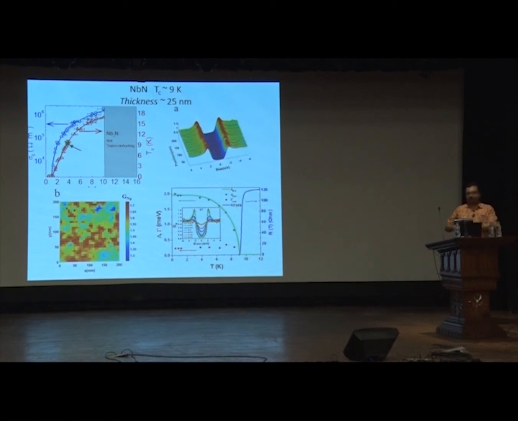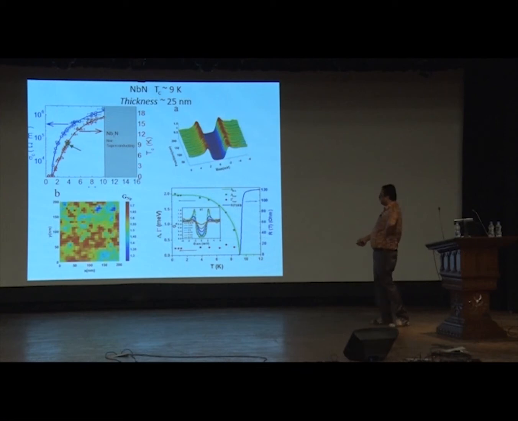Okay, so here when I do, let's say, the tunneling spectroscopy along a line, what I see in zero field is that I have a superconducting gap everywhere. However, the height of this coherence peak is position dependent.